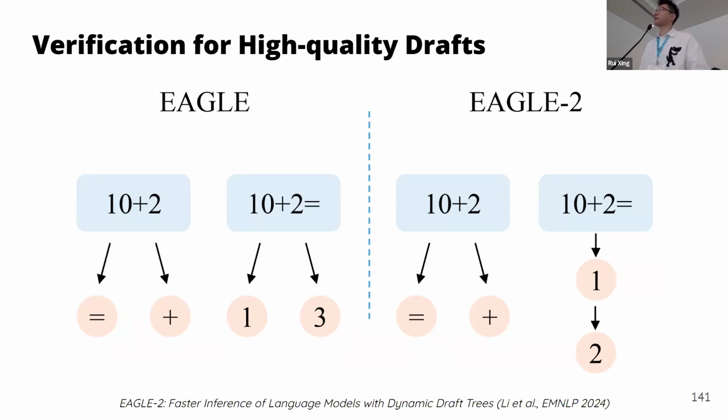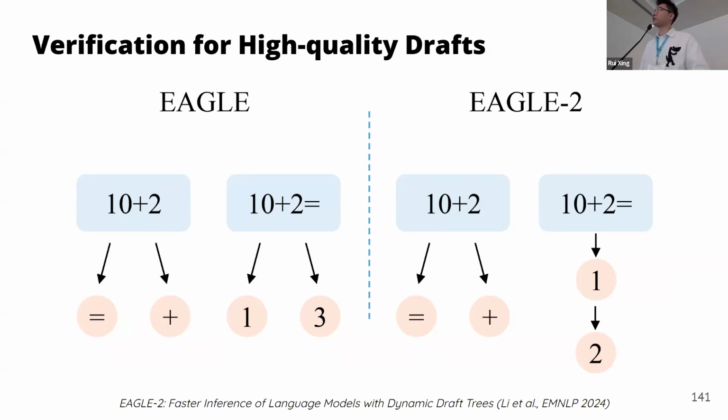And if we consider a different context, 10 plus 2 equal, and we consider this equation, we can see that the next token has a high possibility to be 1, because the result would be 12. In this scenario, maybe we should not consider the token 3, because 3 has a very low possibility to be predicted. However, Eagle applies a static draft tree, so whatever the context is, it will always explore both draft candidates.